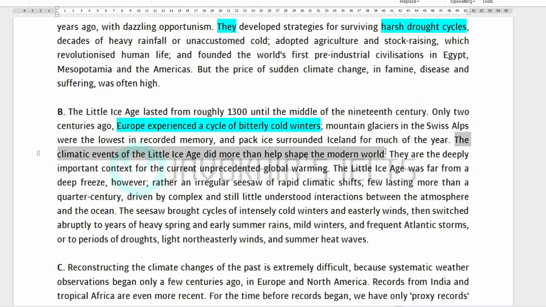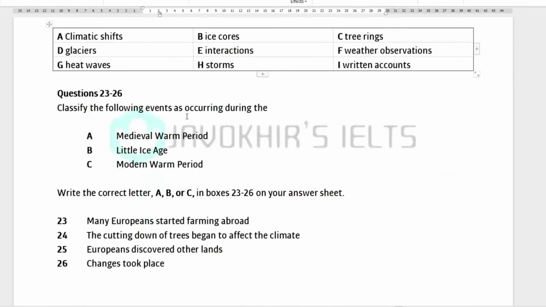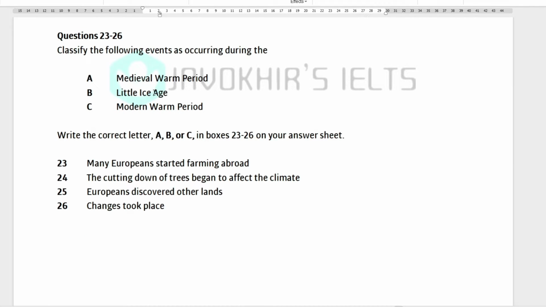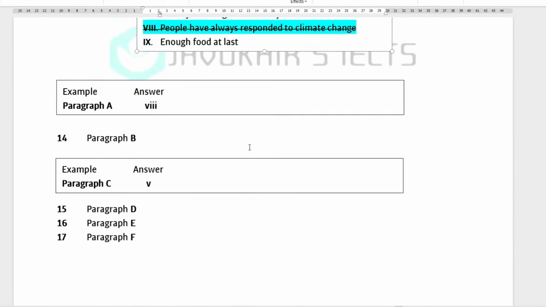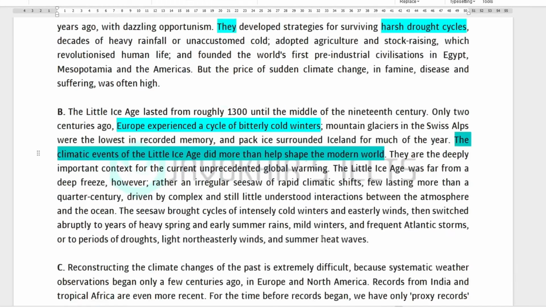So we want that as well. I want to highlight this one too, because we have classifications: Little Ice Age, modern warm period, and medieval warm period. So we just want to make sure we are highlighting these just in case.